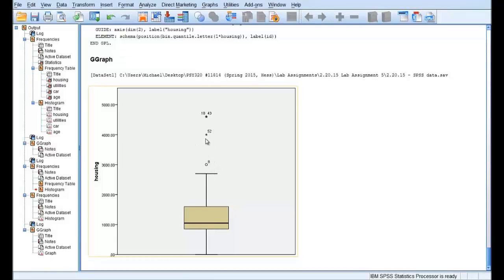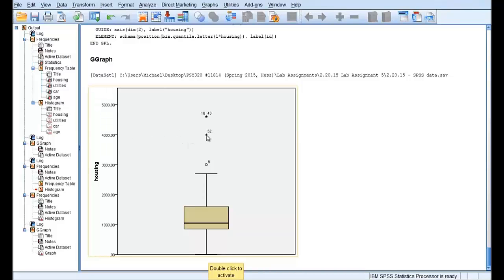These stars up here, one that says 52 next to it, and stars that say 18 and 43, are the participant numbers for extreme values. So not just outliers, but extreme values that are far beyond the interquartile range and the range of data that's normal. This 52 here is person number 52, and they had a housing cost of around $4,000.